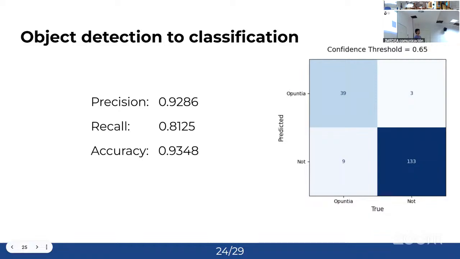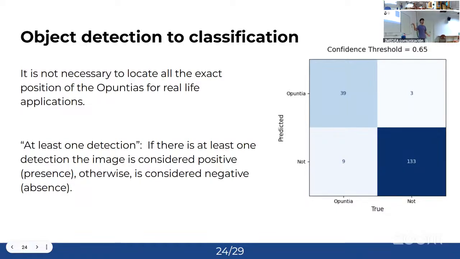We also could have used a more elaborate rule instead of at least one detection. For example, at least 2 detections with a higher confidence threshold.